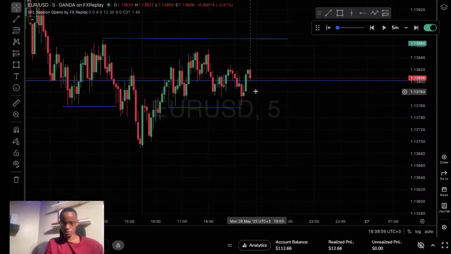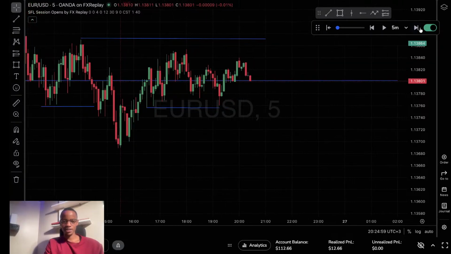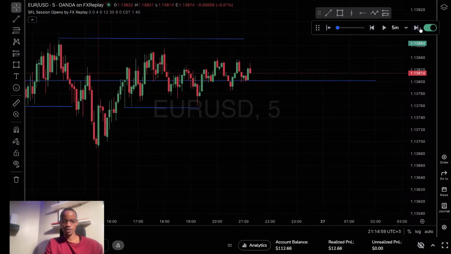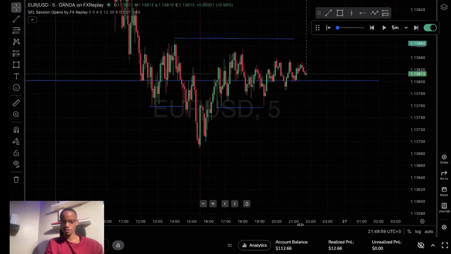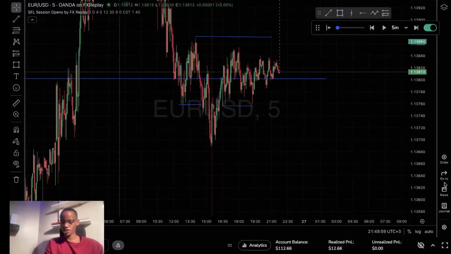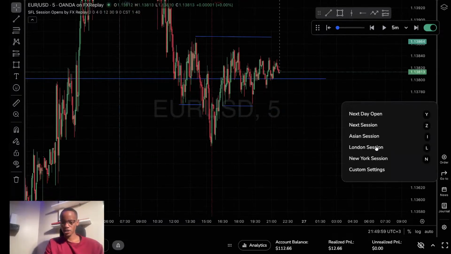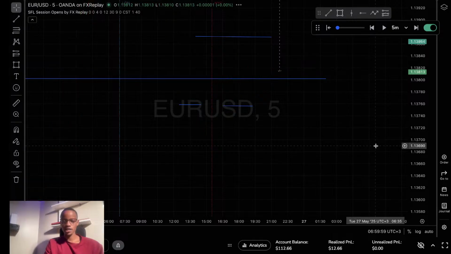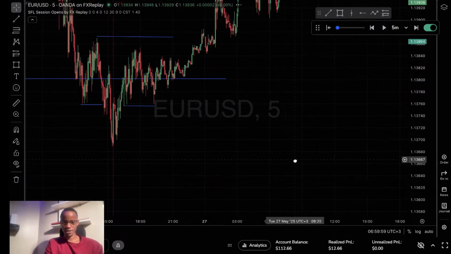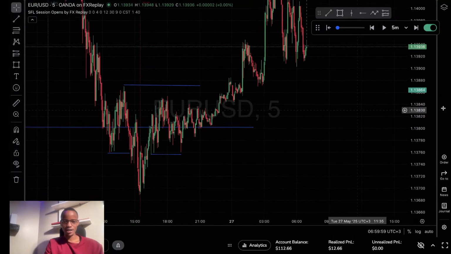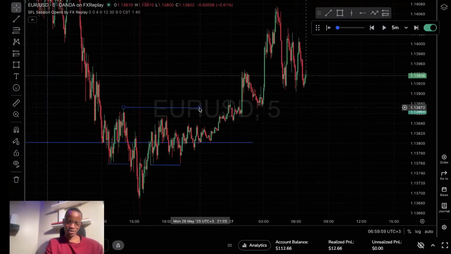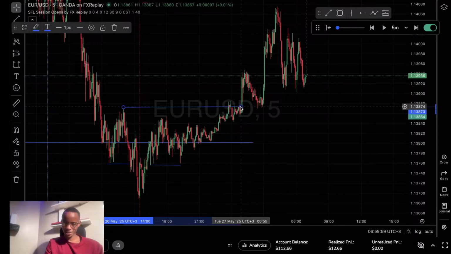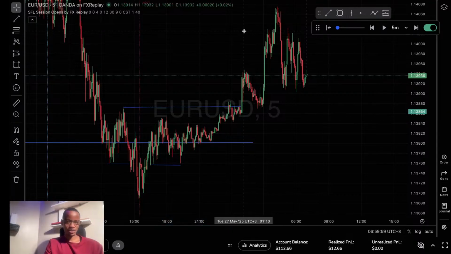So price comes back down. It's already late, but we can place the swing trade though. Next session is London. Next day, that's Tuesday. We didn't have a trade on Monday. Price went up, and this was the swing trade we needed to place.